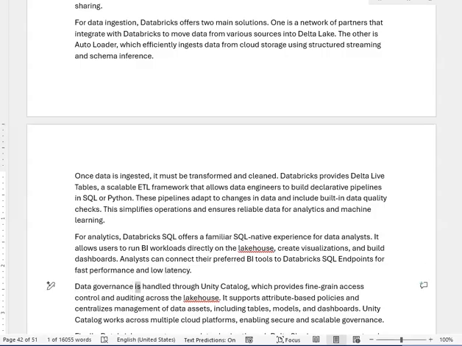Data governance is handled through Unity Catalog, which provides fine-grained access control and auditing across the Lakehouse. It supports attribute-based policies and centralizes management of data assets, including tables, models, and dashboards. Unity Catalog works across multiple cloud platforms, enabling secure and scalable governance.